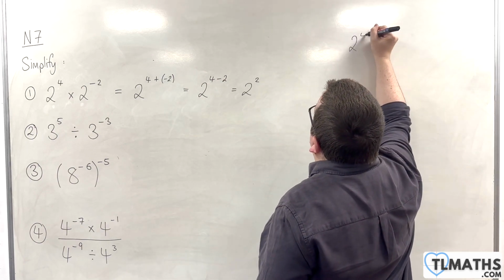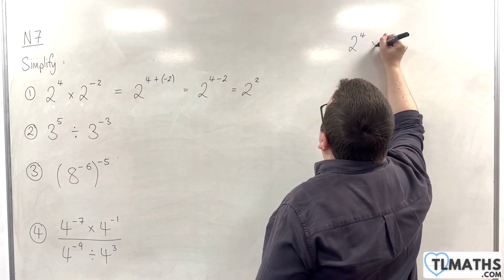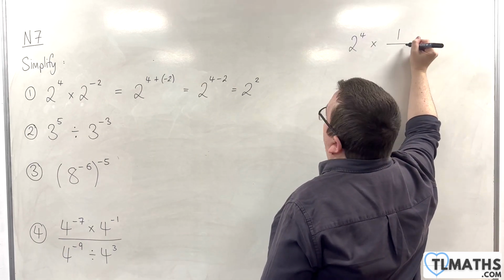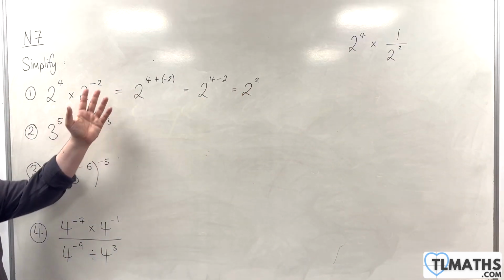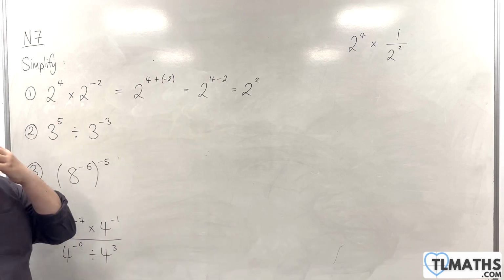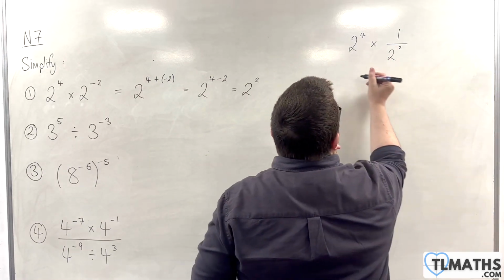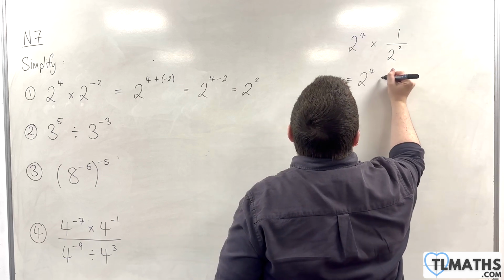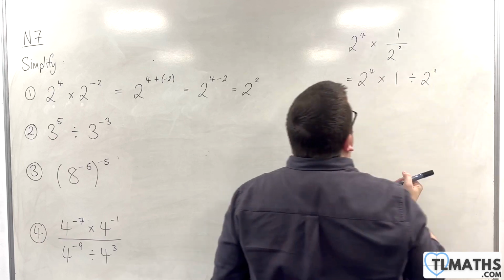2 to the power 4 times by 2 to the power minus 2, we now know is the same as timesing by 1 over 2 squared, because we know that 2 to the minus 2 is 1 over 2 squared. That is the same thing as 2 to the power 4 times by 1 divided by 2 squared.